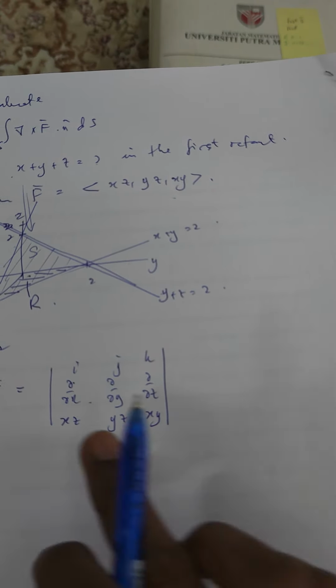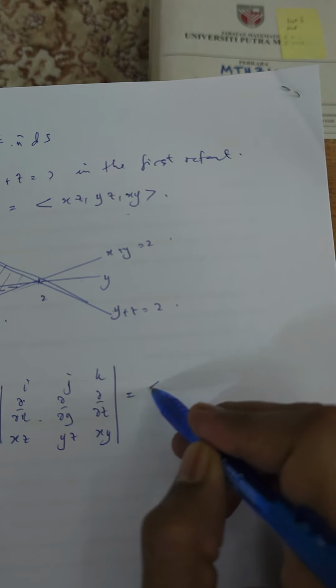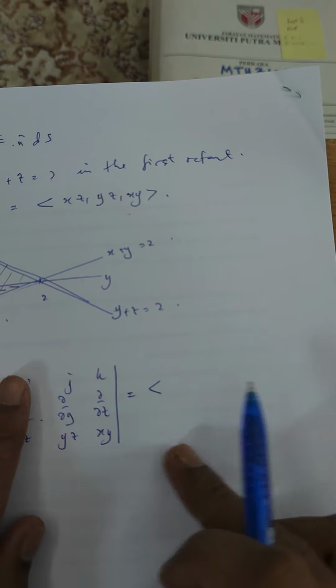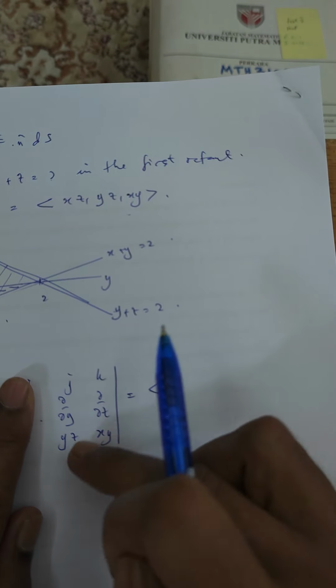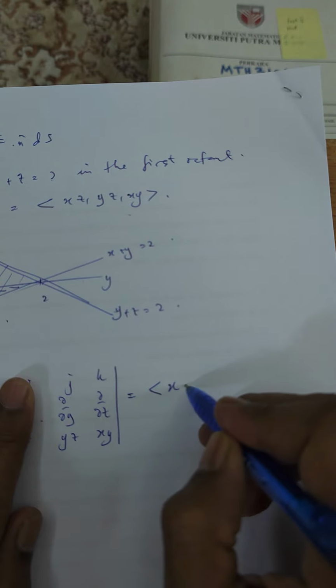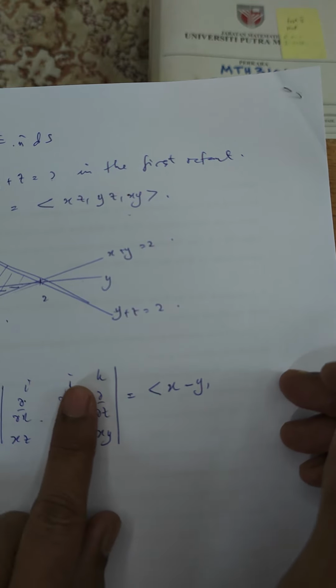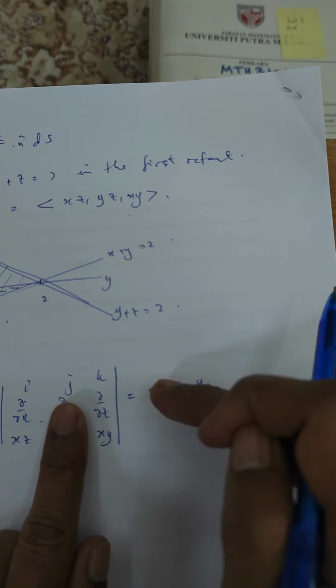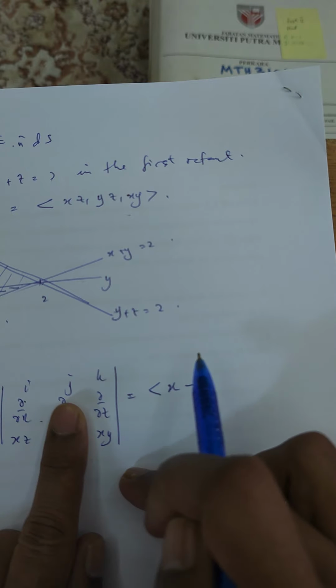So now from here we can just find the element of each of those. So for i, del y, we got x minus y. For j we have z, so x minus y.